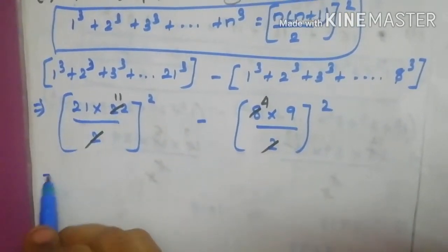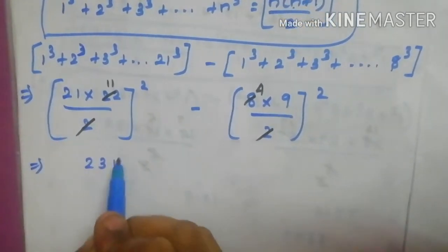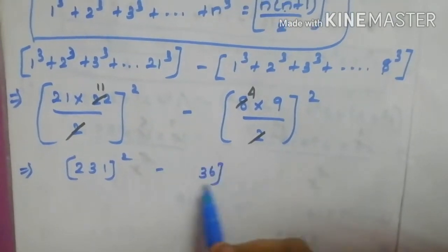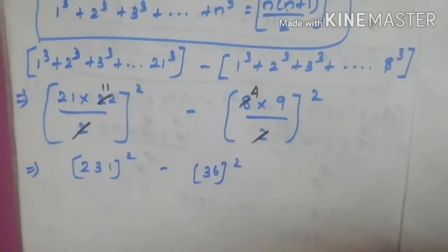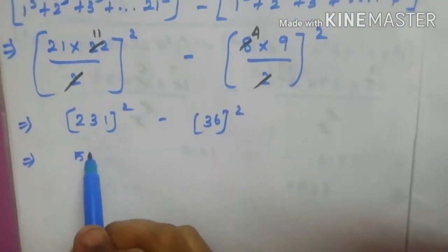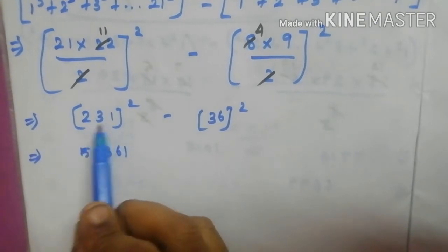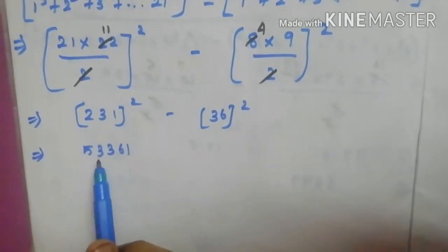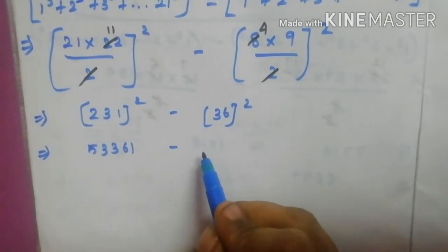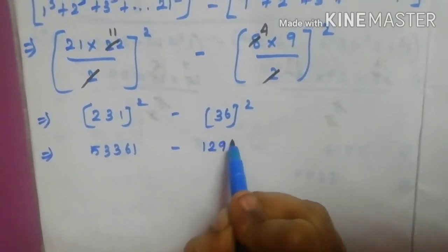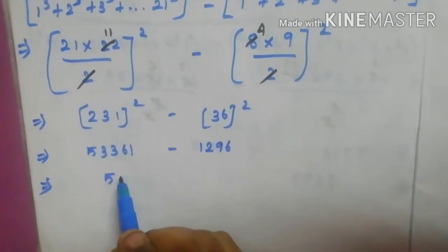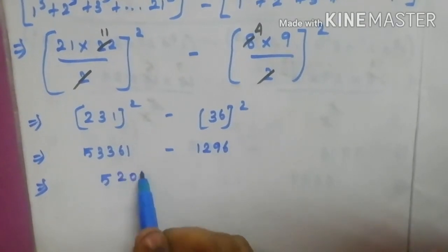Here 21 into 11 we have 231, the whole square. Here 9 fours are 36, the whole square. 231 whole square is 53361. 36 whole square we have 1296. After subtracting we have the value 52065.